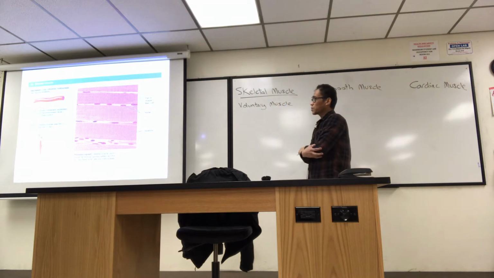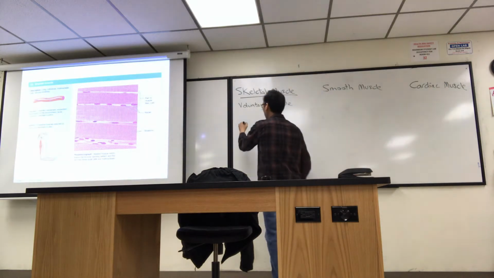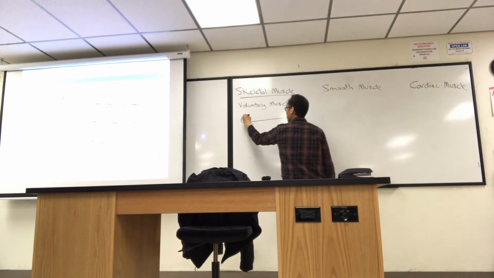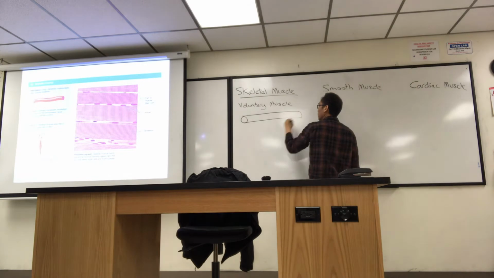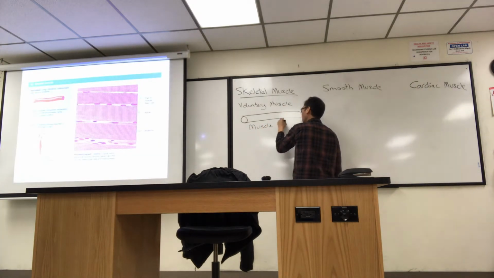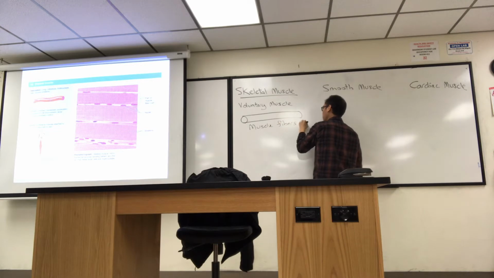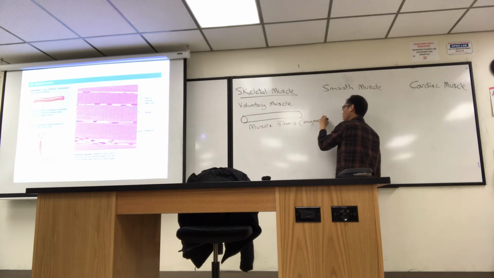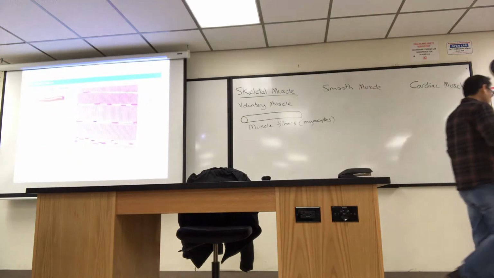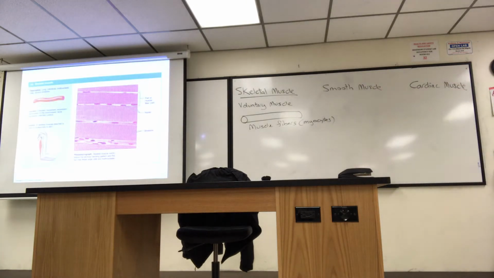When you look at it under the scope, the cells are called fibers, and they're elongated, cylindrically shaped. Sometimes they're called myocytes, because myo is muscle and cyte is cell.